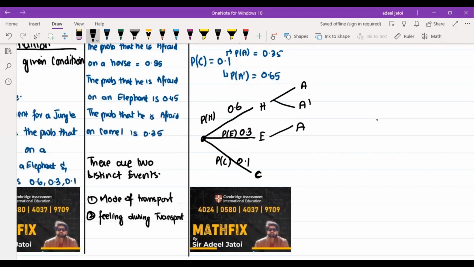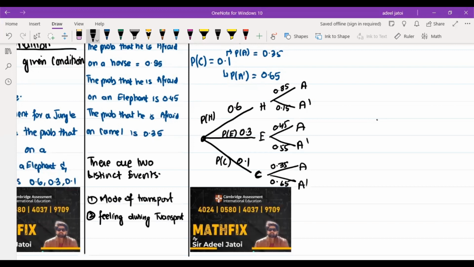With elephant, there is a chance of being afraid and a chance of being not afraid. For each, the probabilities are given: 0.85, so this is 0.15. If this is 0.45, then this should be 0.55. If this is 0.35, then automatically this should be 0.65.